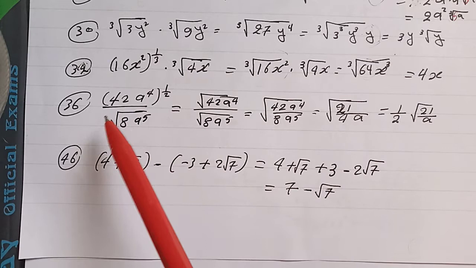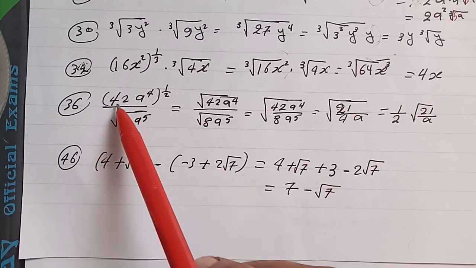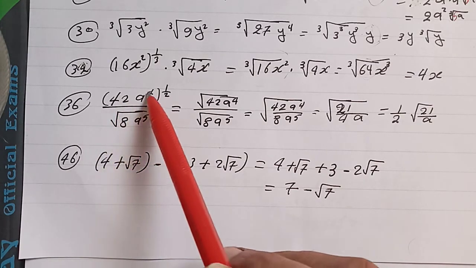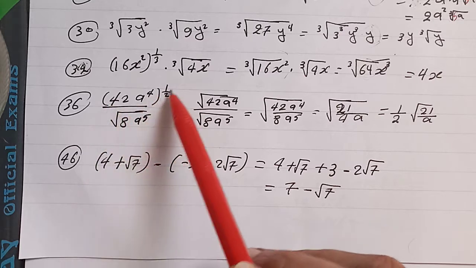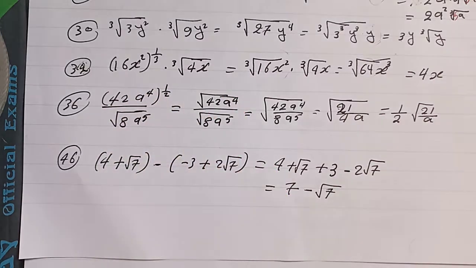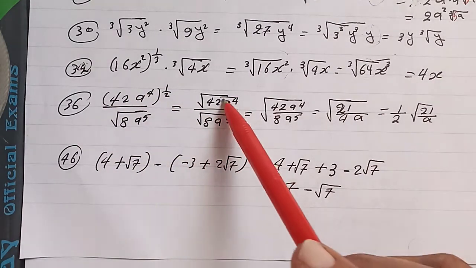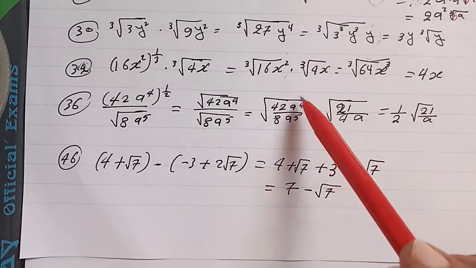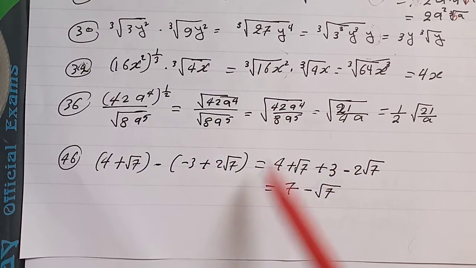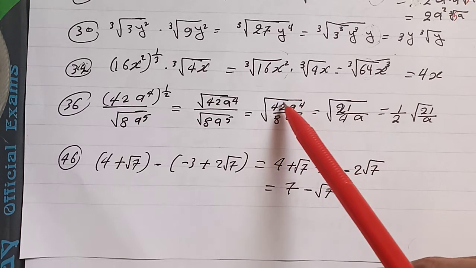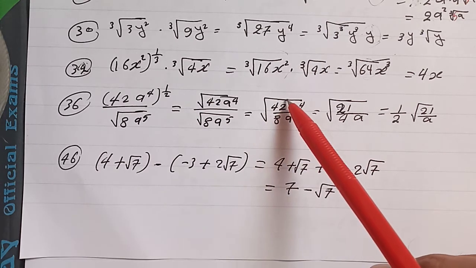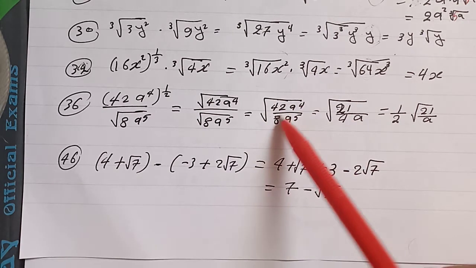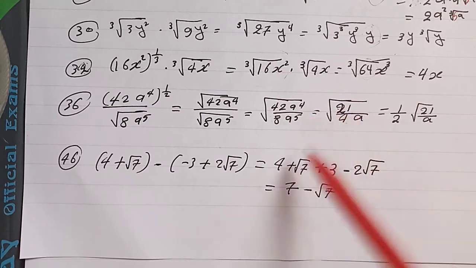Number 36: 42, a to the power 4, all to the power half. All to the power half means square root. Then merge these two square roots into one, like this. Then simplify. Divide this by 2 and divide this by 2, and this will be 4 and this will be 21.